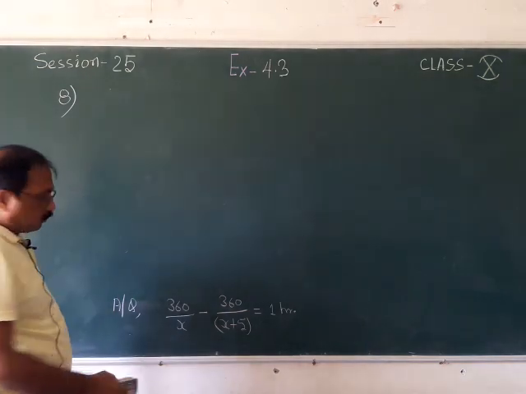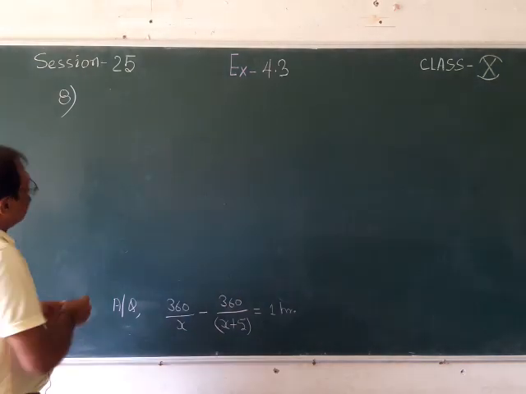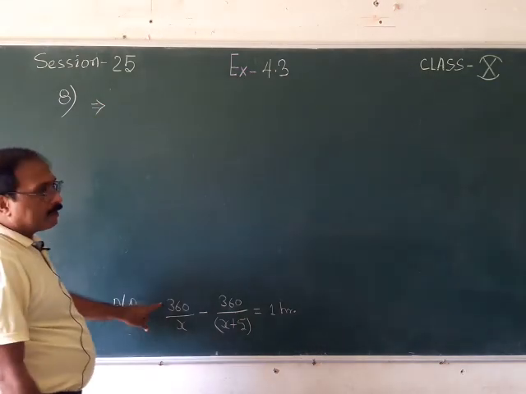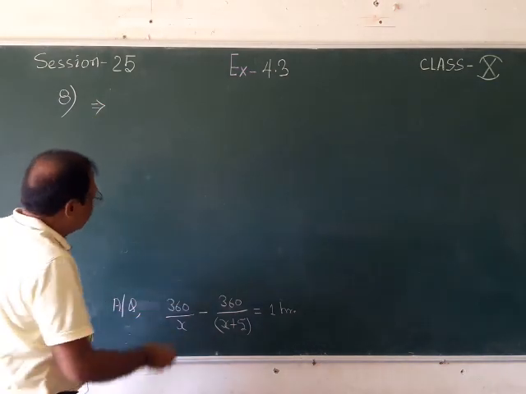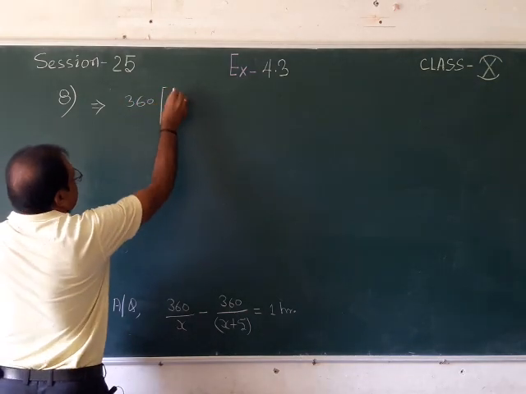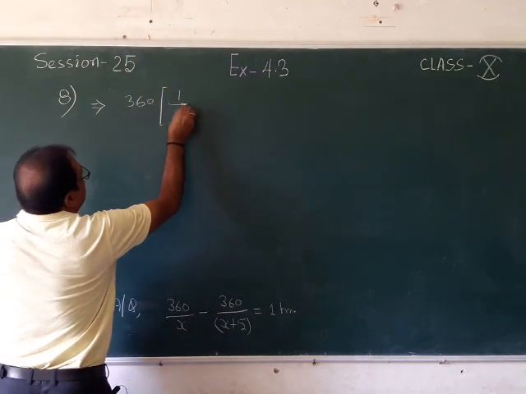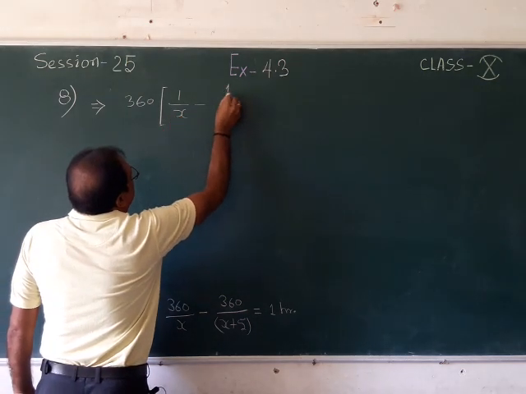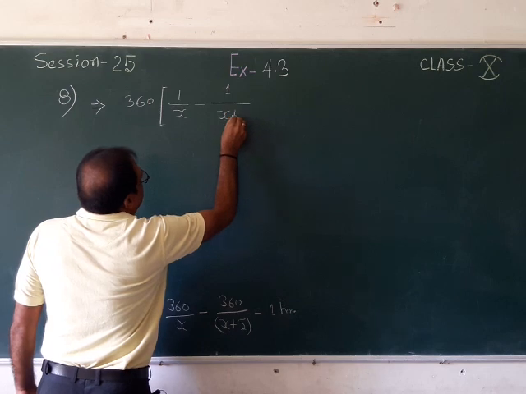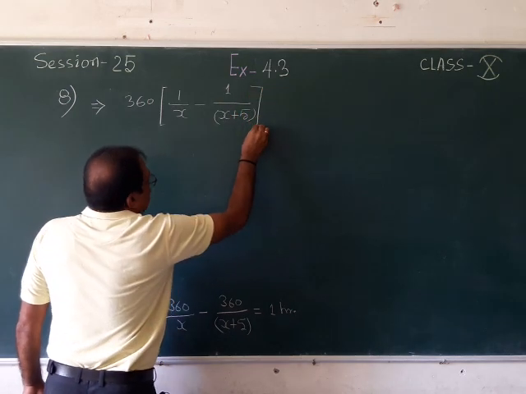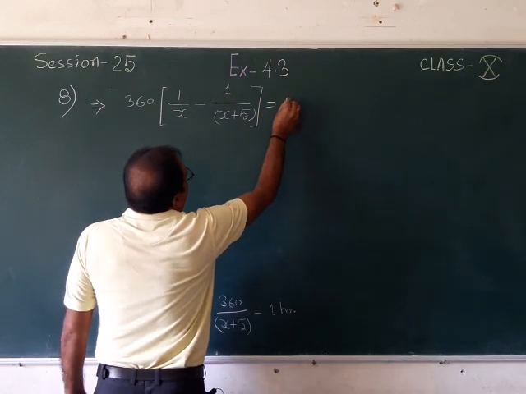Okay. Now you can solve it according to your convenience. You can simplify it. I can see 360 is there, 360 is there. So first of all I am going to take 360 common. Then here I have 1 upon x minus 1 upon x plus 5, and this is equal to 1.